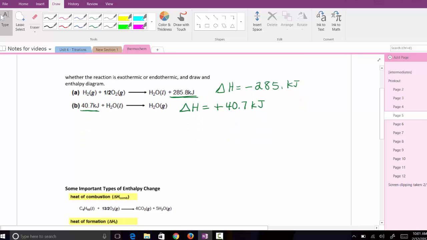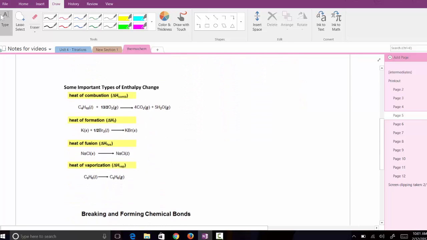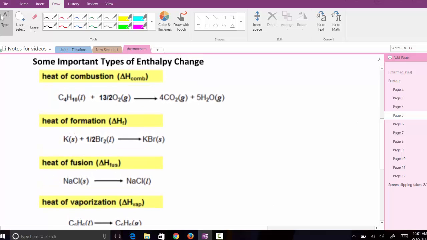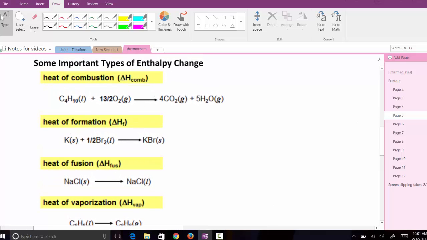Now, one of the things we'll see is that we use some subscripts with delta H when we're talking about specific types of reactions. We want to look at that because you'll have some problems where it'll say, okay, we're going to combust butane, and it'll just give you the heat of combustion. Your first thought will be, oh gosh, do I need to write this balanced equation?